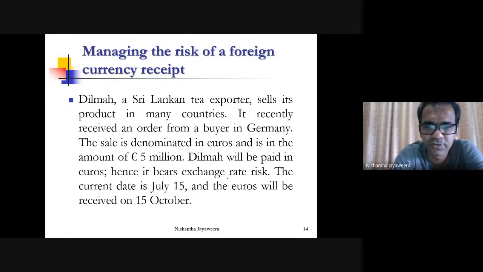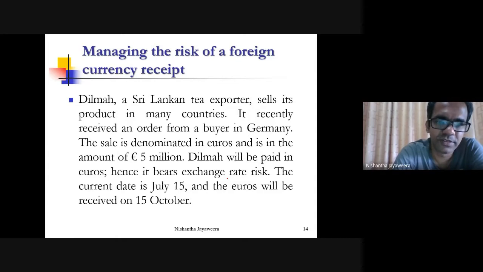We don't know what the exchange rate will be by the time the exporter receives the foreign currency. It may be more than the current exchange rate, or less. So that risk is there. That is a transaction risk. What options does the Sri Lankan exporter have to mitigate that risk?